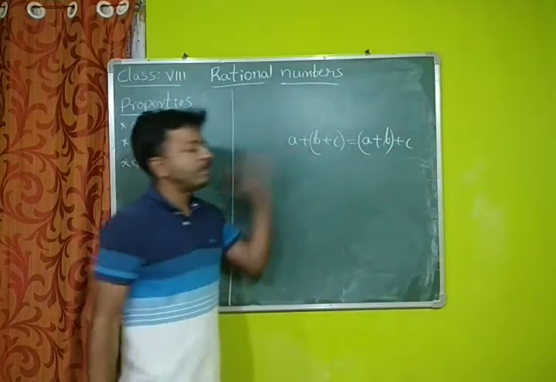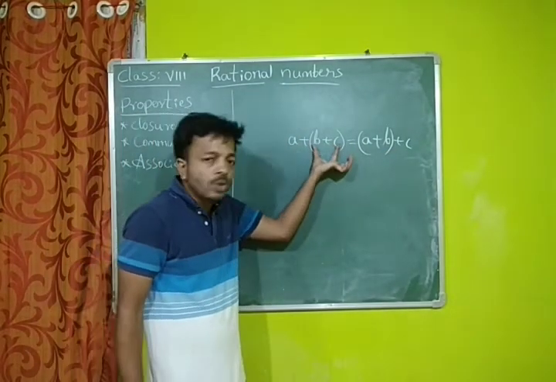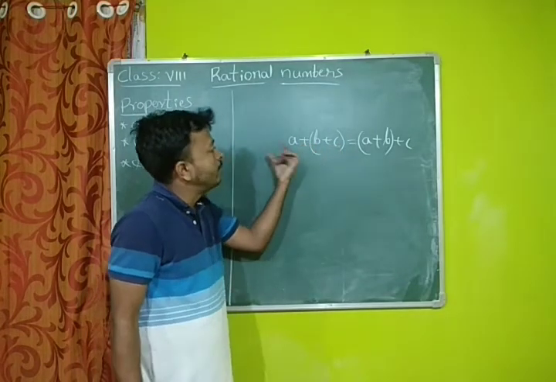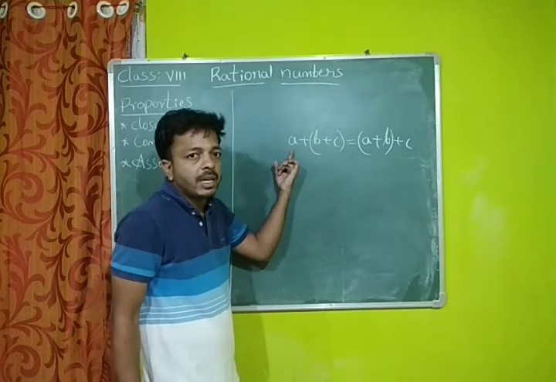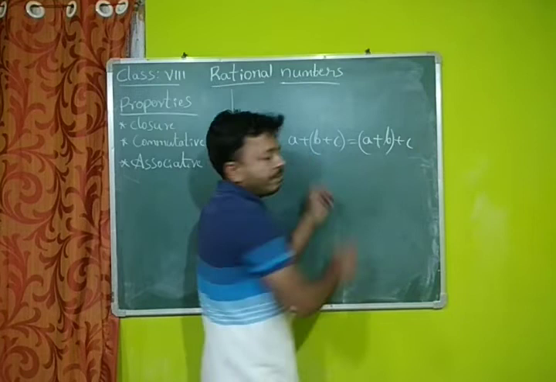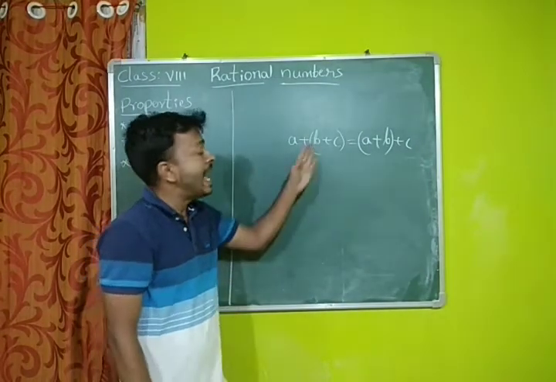Why do we need this bracket? It means first we have to solve whatever is in the bracket, and afterwards simplify with the remaining term. Same on the LHS, the bracket will come on the first two numbers. So this is the associative property in addition.